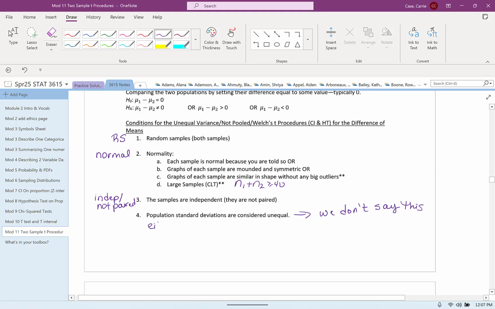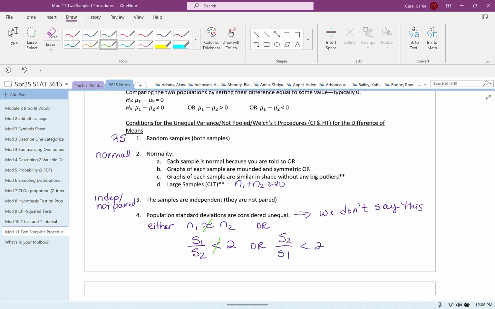So either n1 is not approximately equal to n2, or s1 over s2 is not less than 2, or s2 over s1 is not less than 2.